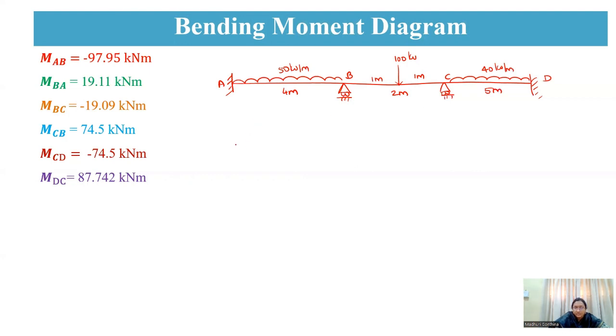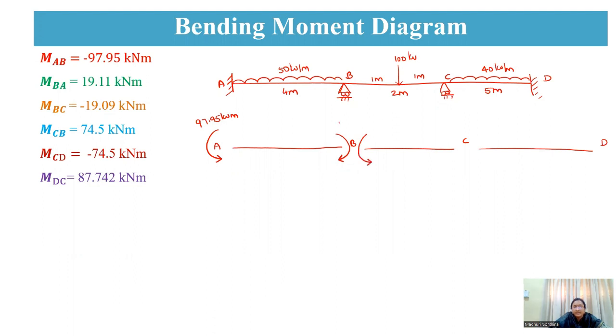For this, we'll first draw the free body diagram. Here A, B, C, and D. AB moment is negative, so it is in anti-clockwise direction of 97.95 kilonewton meter. BA is again positive, that means clockwise. BC is negative, anti-clockwise, that is 19.1 kilonewton meter.